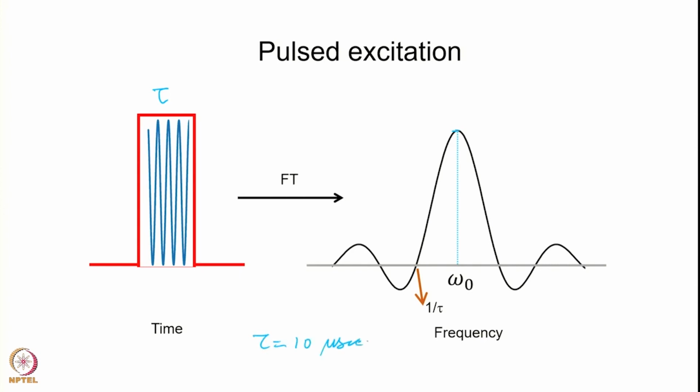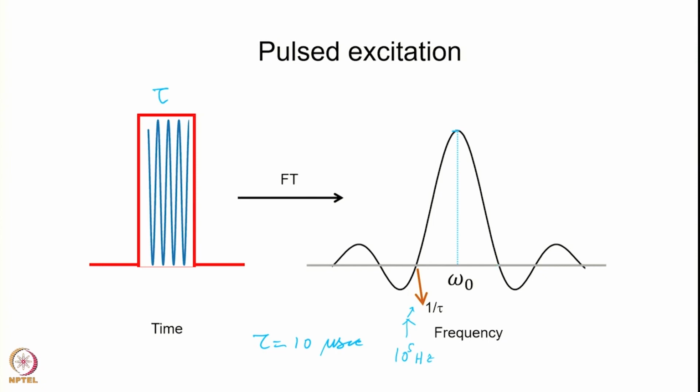Then this point will be 1 over tau, 10 to the power 5 hertz, that is 100 kilohertz, and similarly here 10 to the power 5. So it generates a wide range of frequencies.